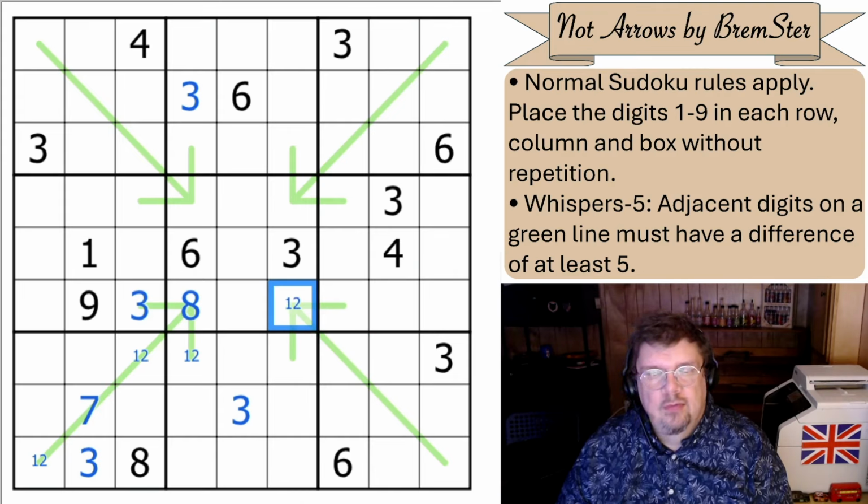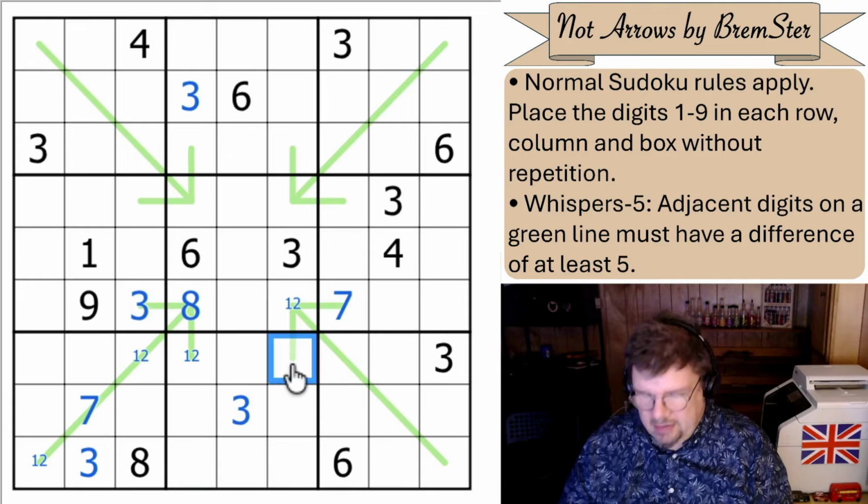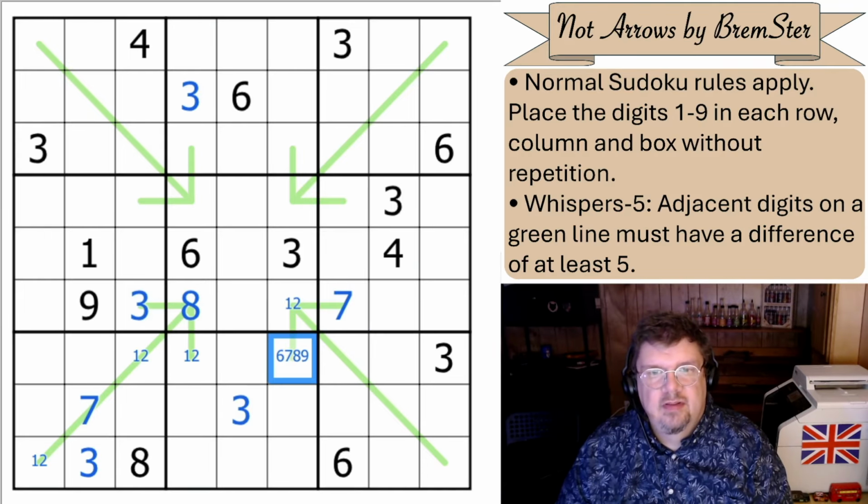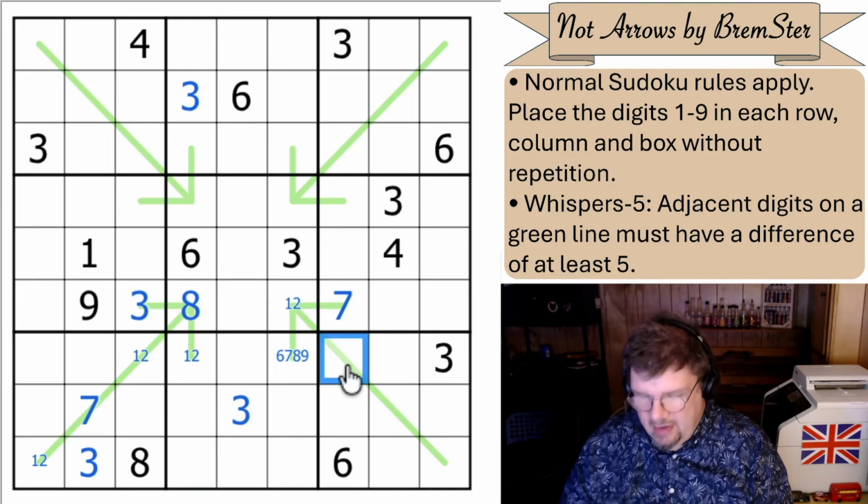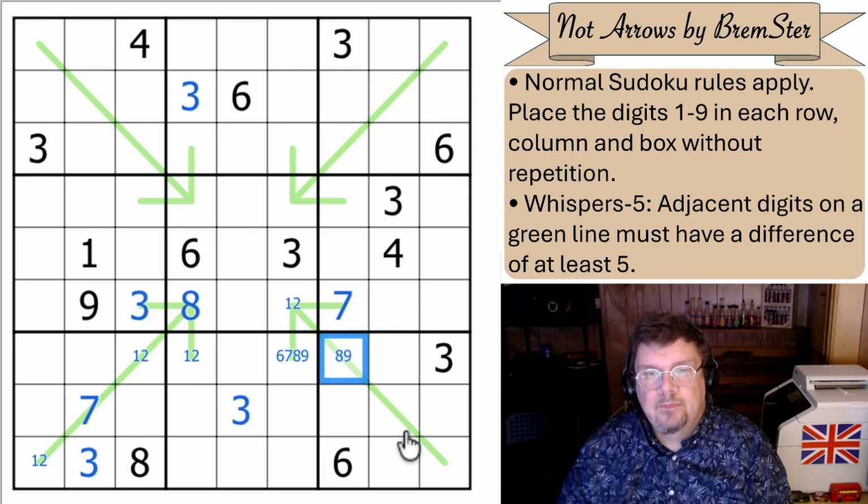So that is a 1 or a 2. That can't be a 6, 8, or 9, so that's a 7. This is 6, 7, 8, 9. I don't see there's any restriction there. That's 8 or 9. This is a 1 or a 2, and this is 7 or 9.